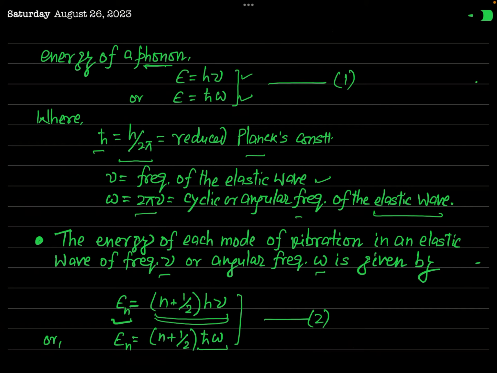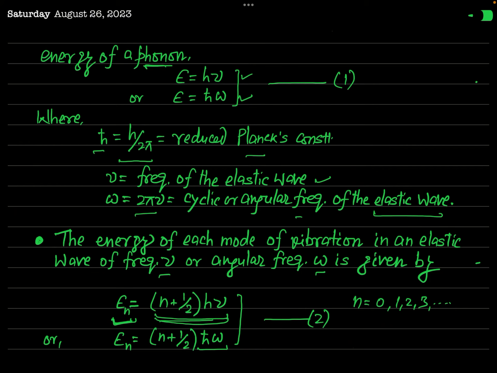In this case, n is a non-negative integer. n may be 0, 1, 2, 3, but it is never negative, remember. So the energy of each mode of vibration in an elastic wave is governed by this integer rule.